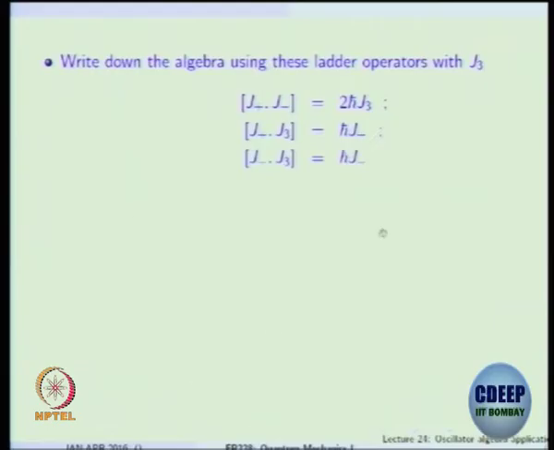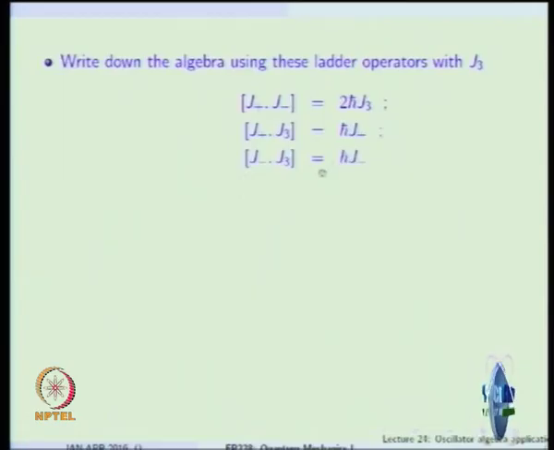So the same algebra of Jx, Jy, Jz which we wrote, I am trying to rewrite. J plus with J minus, what it is, which is like your A and A dagger. Something wrong? Both of them are minus?